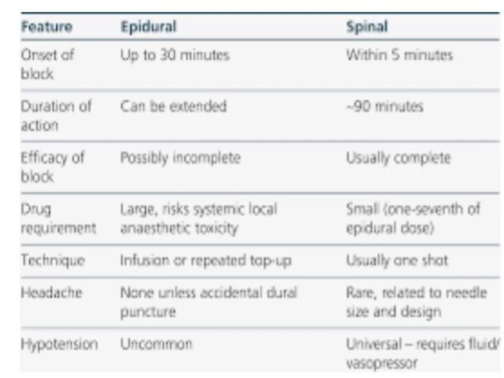The efficacy of block in epidural anesthesia may be incomplete, but in spinal anesthesia it is usually complete. In epidural anesthesia, we use large volumes of local anesthetics, so there is a risk of local anesthetic systemic toxicity.